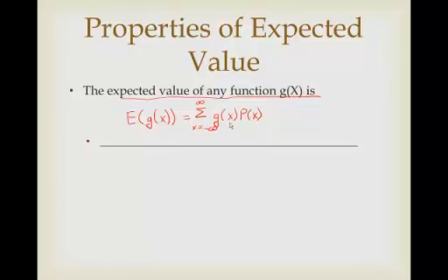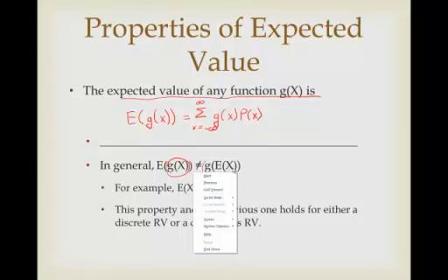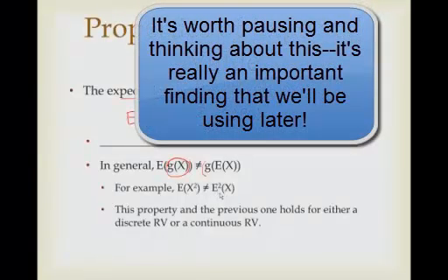In fact, in general, we can say the expected value of some function is not going to be the same as a function of the expected value. You'll see that just makes sense. So you can say the expected value of x squared is not the same as the expected value itself squared, right?